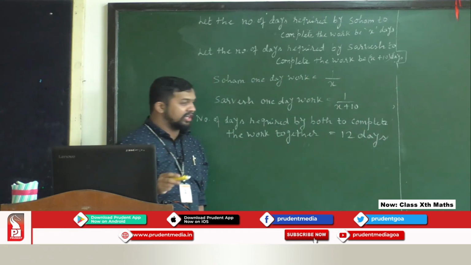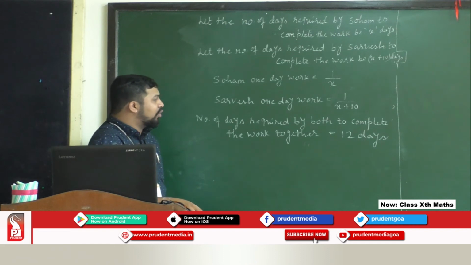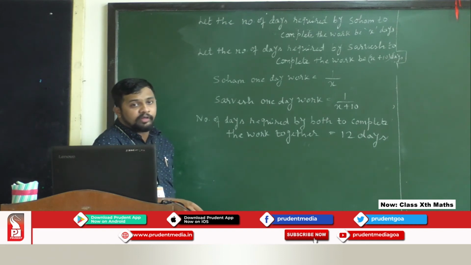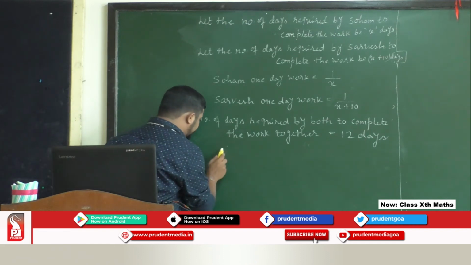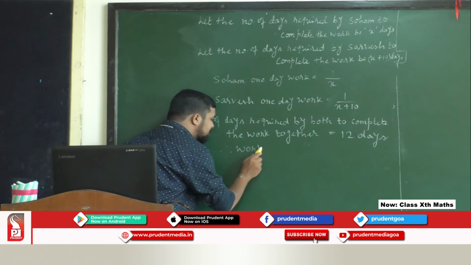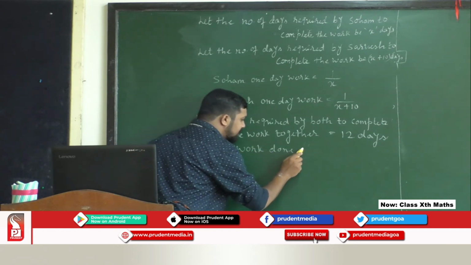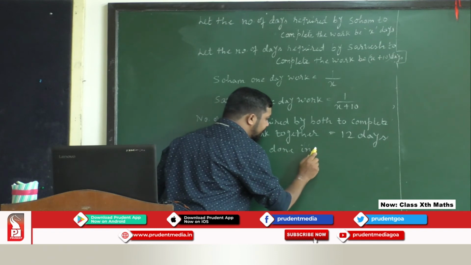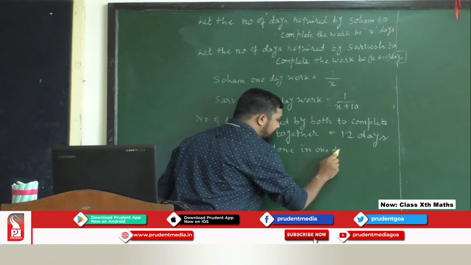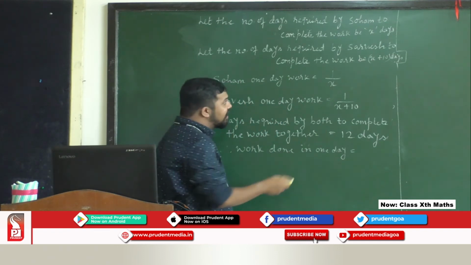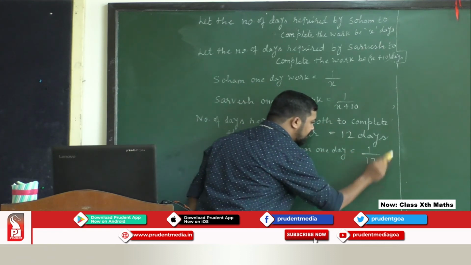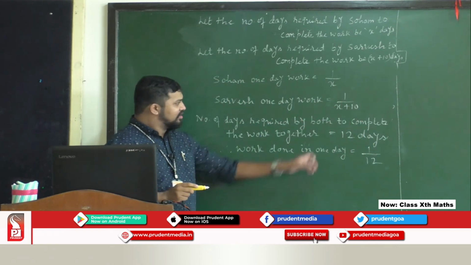That was given in the question. Therefore, work done in 1 day will be how much? We take entire work as 1, number of days are 12. So, clear up to this point.